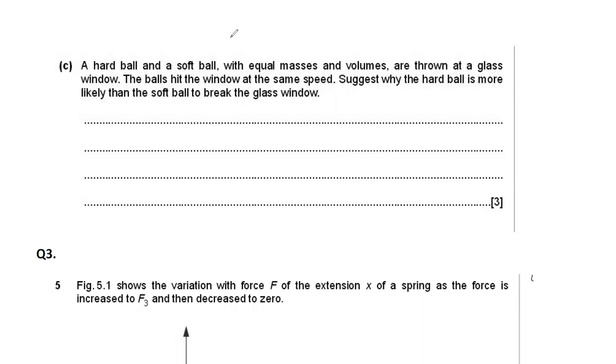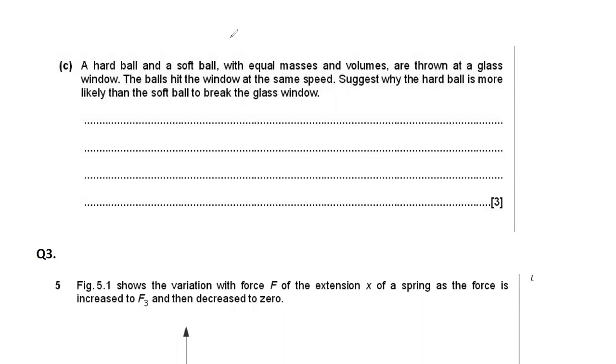Okay. If it is hard, it will not deform as much as the soft ball. The soft ball is going to deform more. The hard ball is going to deform less. So what will happen is both of them have initially the same amount of kinetic energy because they have the same speed. When the soft ball is going to hit the glass window, it will deform, so the kinetic energy is going to change into strain energy.